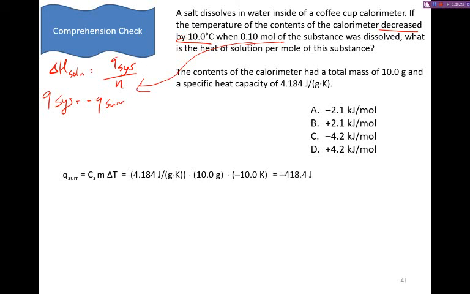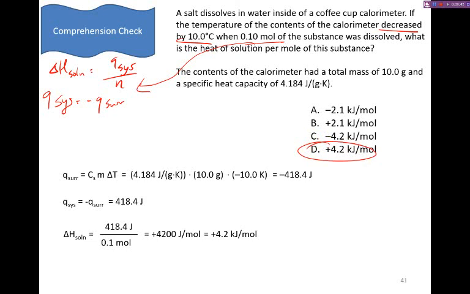That's equal to negative 418.4 joules. Set that equal to negative to solve for the Q of the system, and then divide by the number of moles to find the enthalpy of the solution. Convert to kilojoules, and we see that that's equal to 4.2 kilojoules per mole.